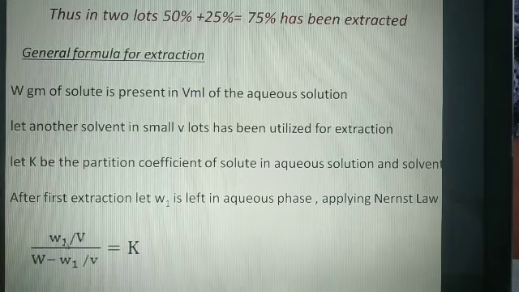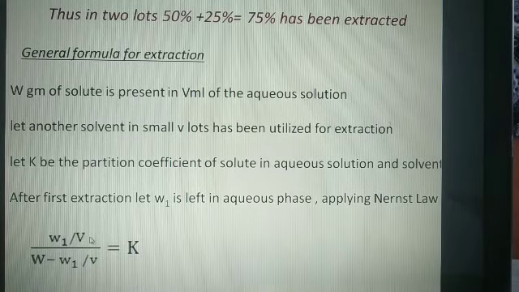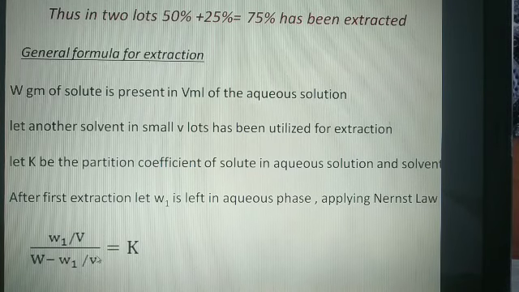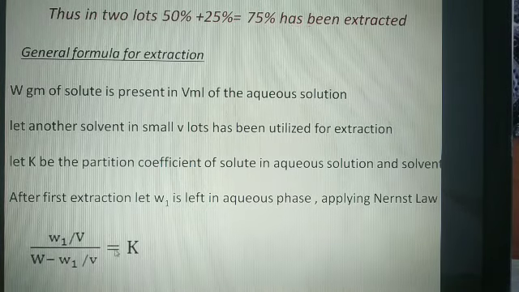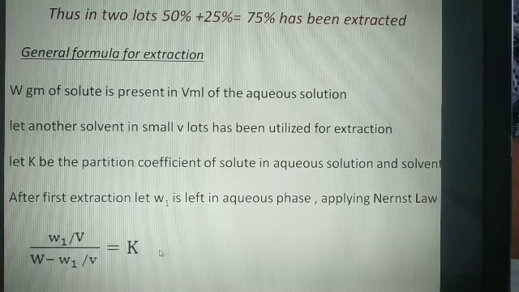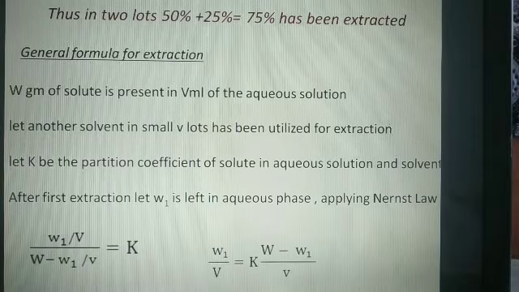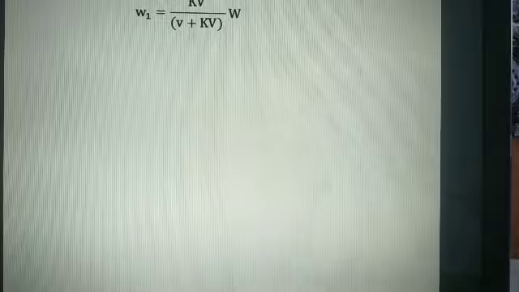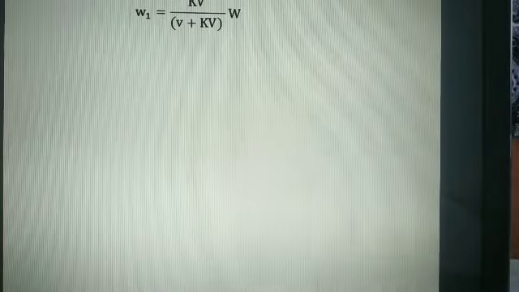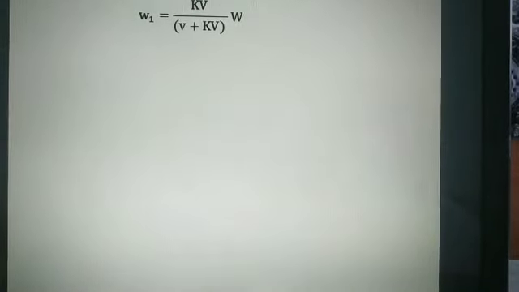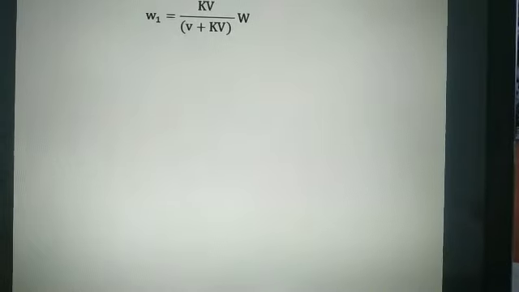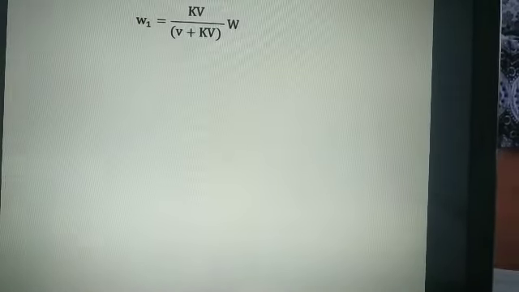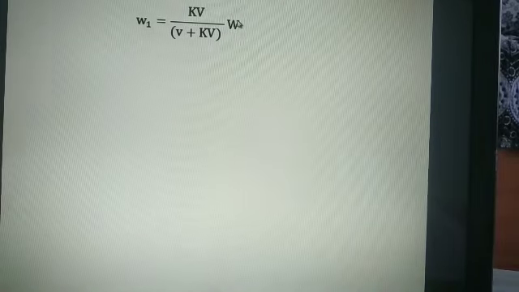So W1 will be left in the capital V mL, and W minus W1 will shift to the small v, the extracting solvent, and that will be equal to K. If you solve the equation, you will get W1 equal to KV divided by small v plus KV, into W.